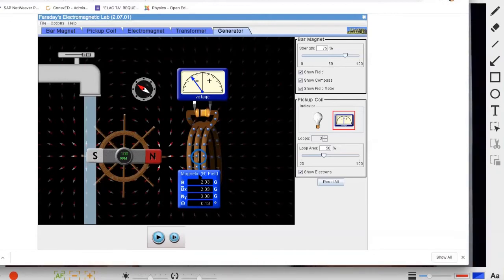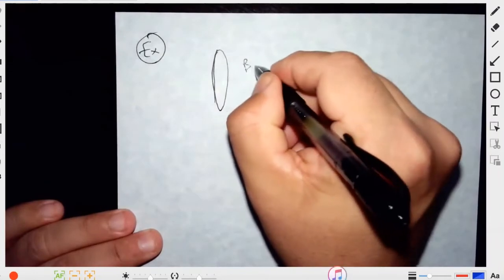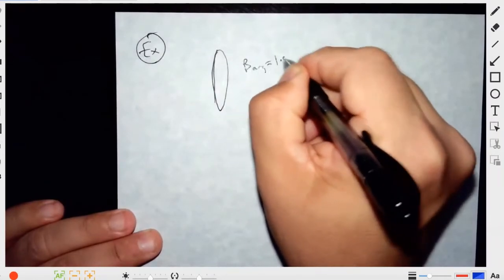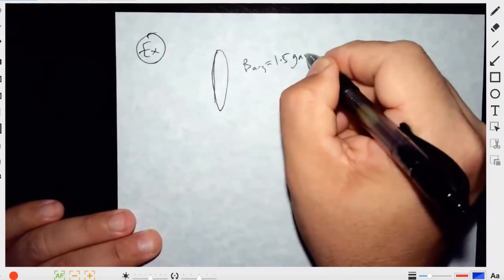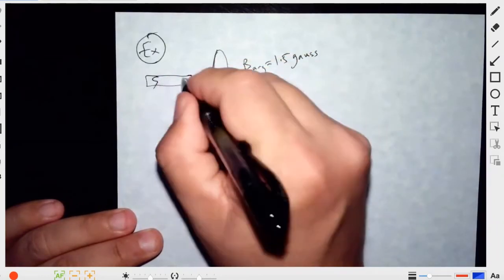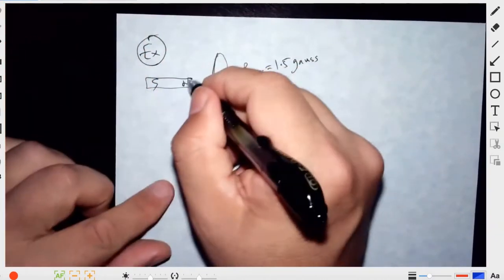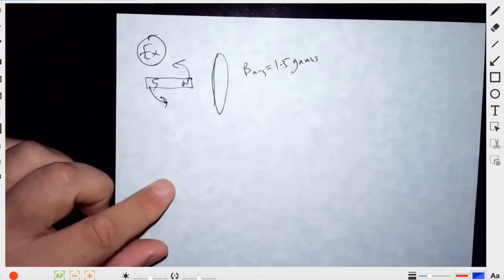So we have a coil. So the field strength B average is 1.5 Gauss, right? So on this one, what I'm going to do is have the water come this way, and this is going to spin at 100 RPM.